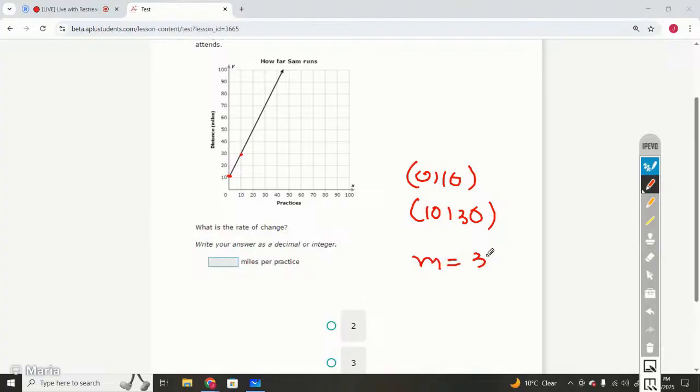So the slope is 30 minus 10 divided by 10 minus 0. 30 minus 10 is 20, 20 divided by 10 is 2.